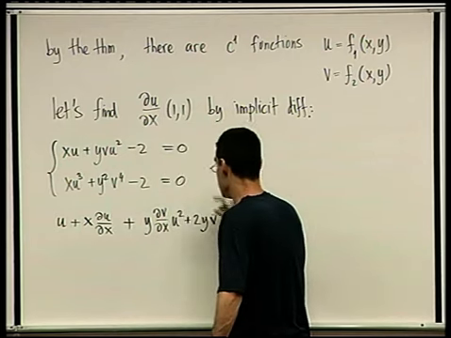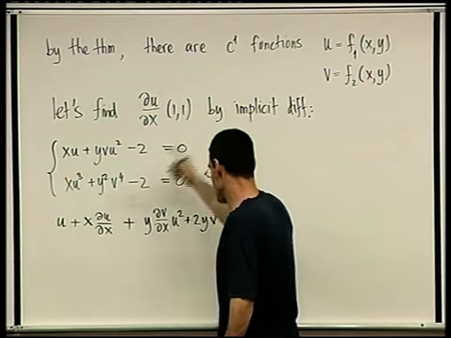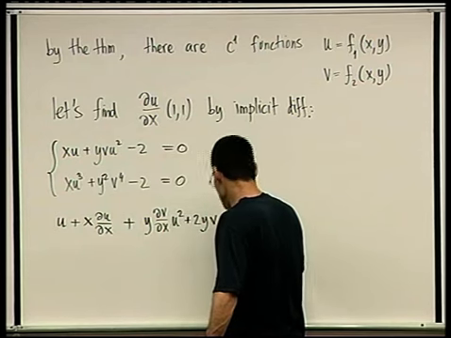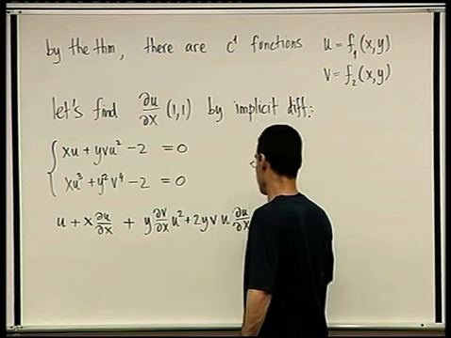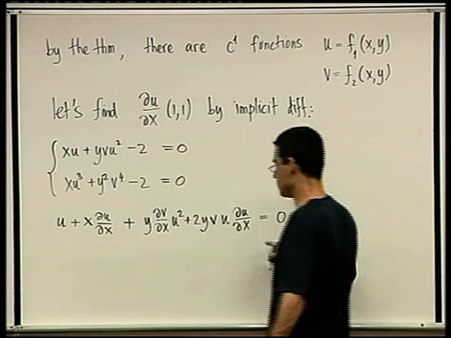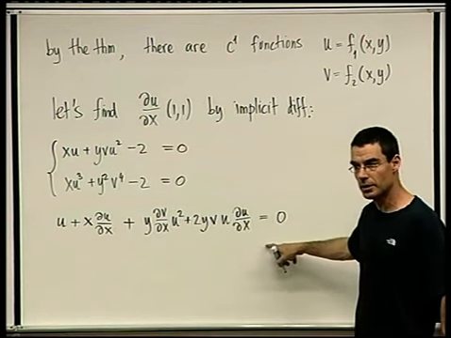The derivative of u squared is 2u times the inner derivative, du/dx. And that has to equal 0. Was that clear? Good?